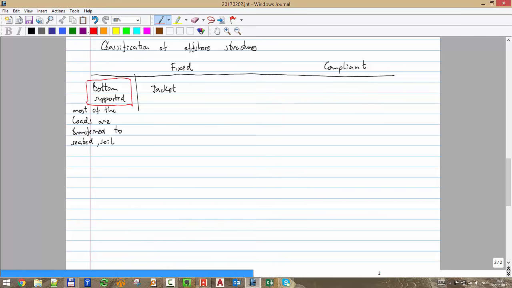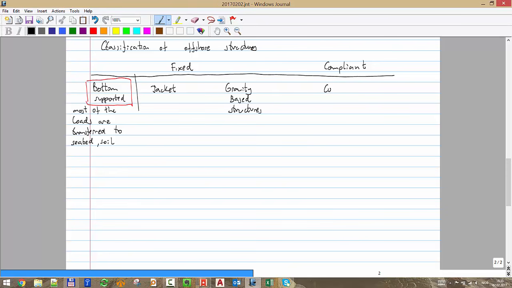Here you have the jacket and gravity based structures that are really fixed. You can say the motion is small enough that you can say it is fixed. Nothing is really 100% fixed; you will always have some vibration, but it is small enough that you can call it fixed.